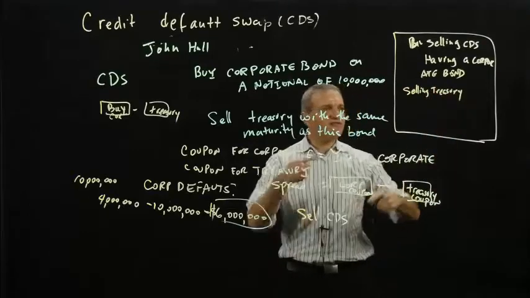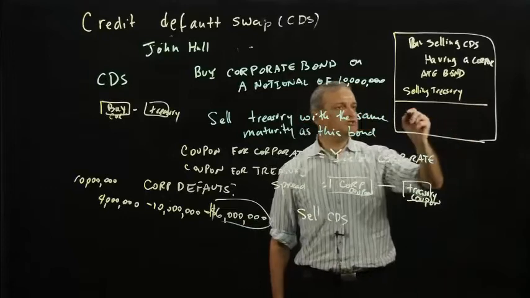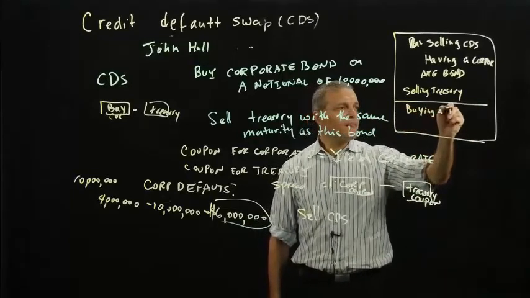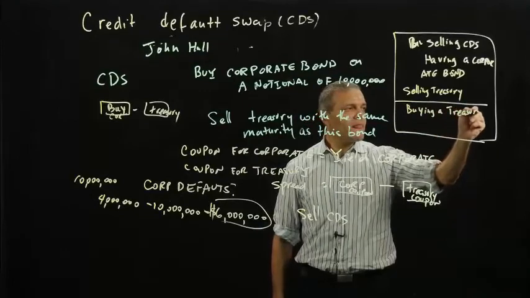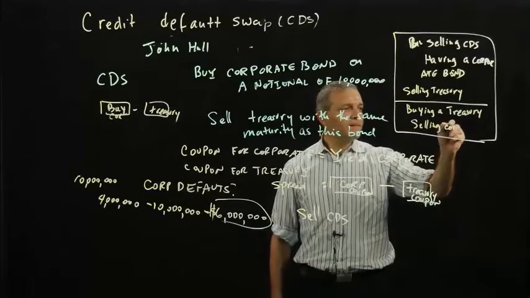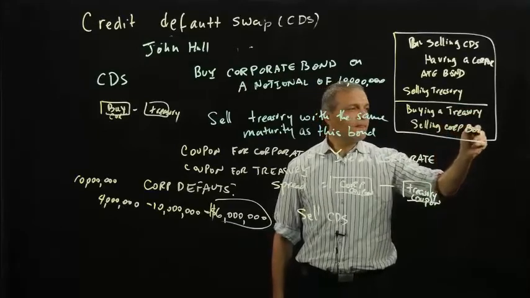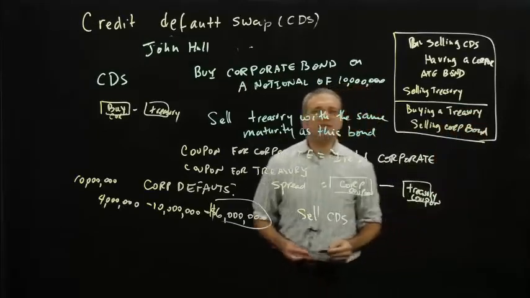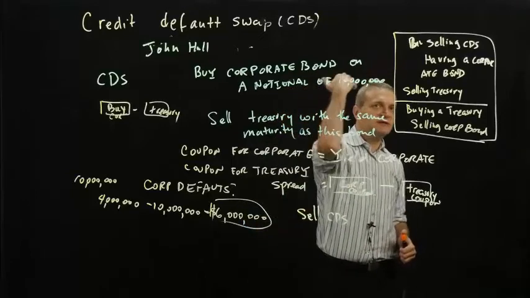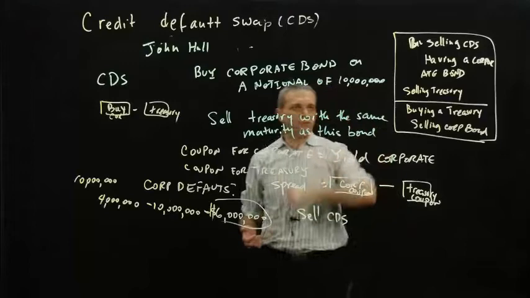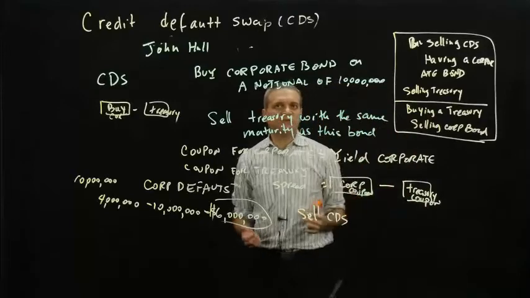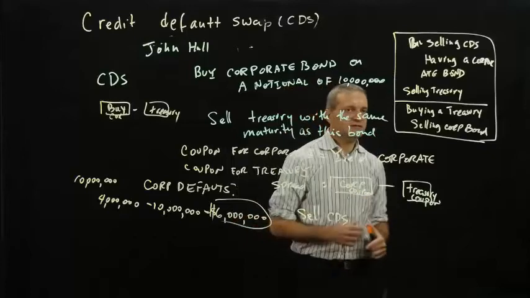And if it's vice versa, you're buying protection, so you're buying a treasury and you're selling the corporate bond. So if you're a seller of a CDS, you basically own the corporate bond. If you're a buyer of a CDS, you actually short the corporate bond. You're betting against it.